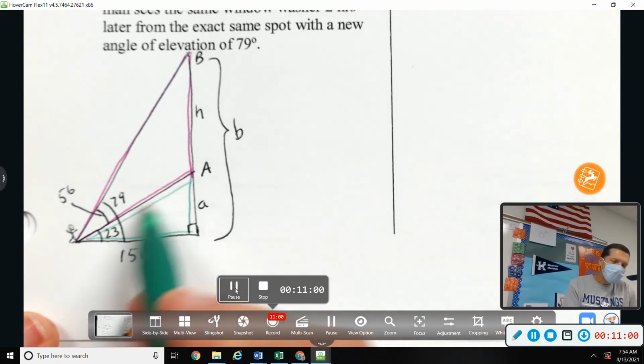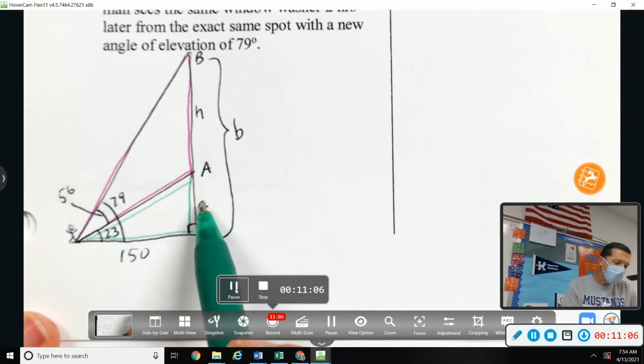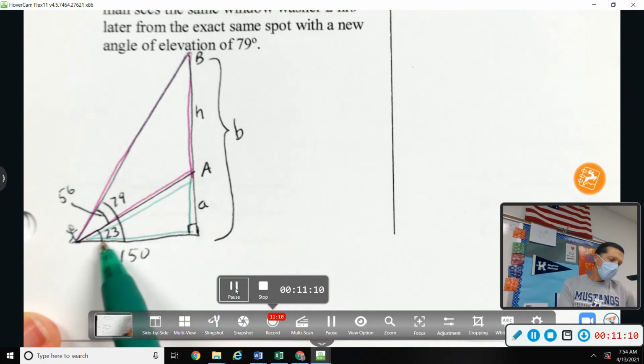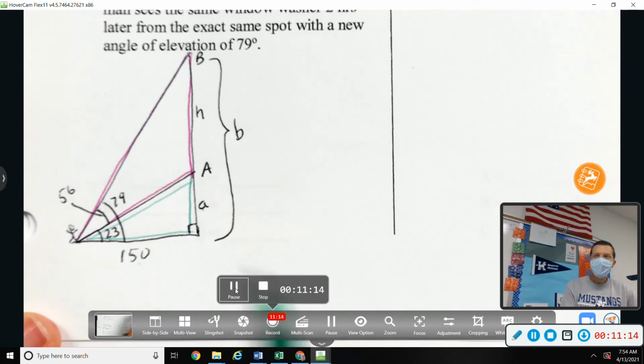So looking at just the green triangle, what kind of equation could I write that involves A and 150? If I know 23, A is the opposite, 150 is the adjacent. I could do tangent.